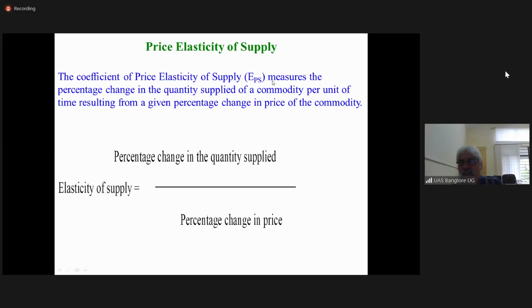EPS measures the percentage change in the quantity supplied of a commodity per unit of time resulting from a given percentage change in price of the commodity. It is the same. Elasticity of supply is equal to percentage change in quantity supplied divided by percentage change in price. While discussing price elasticity of demand we had demand, here we use supply.